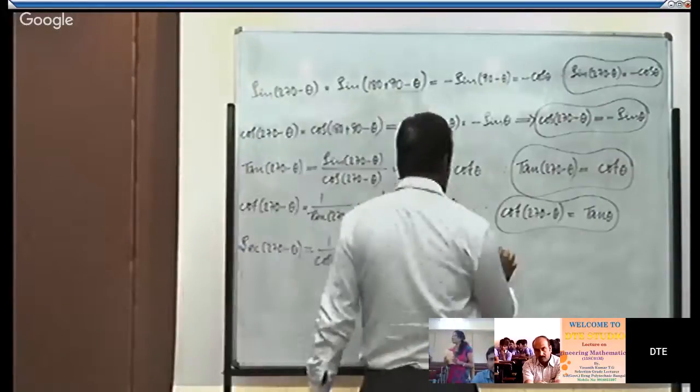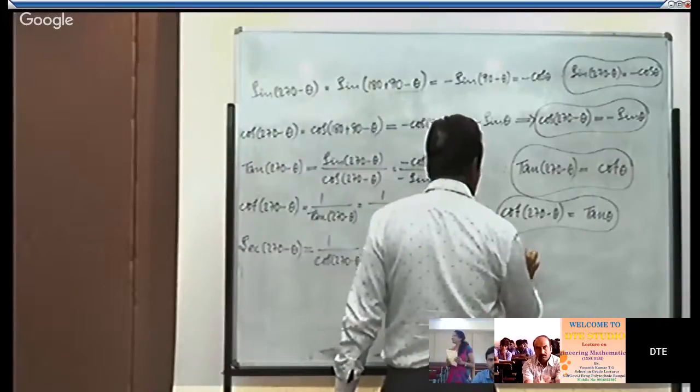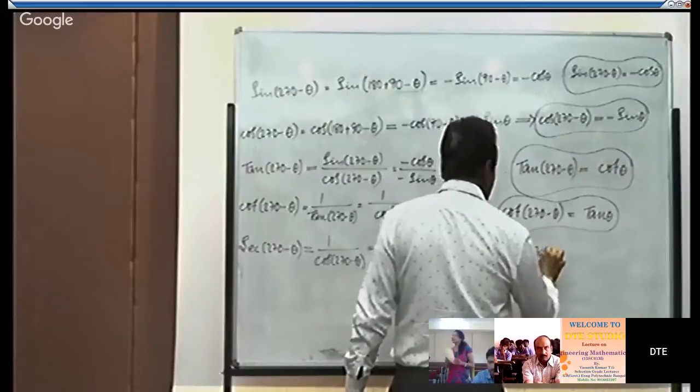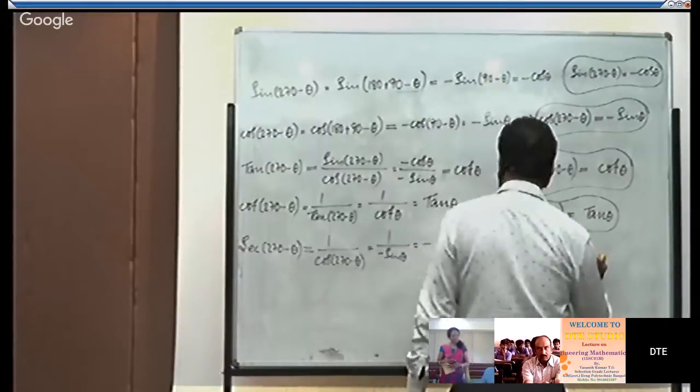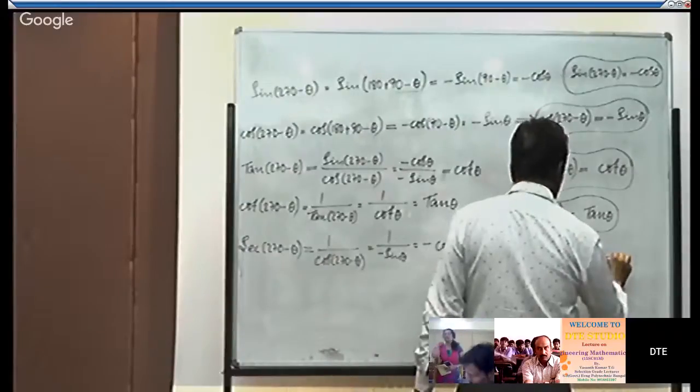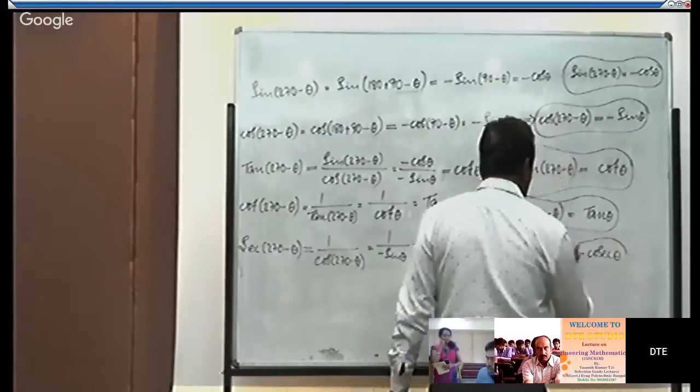Therefore, secant of 270 minus theta is always equal to minus cosecant theta.